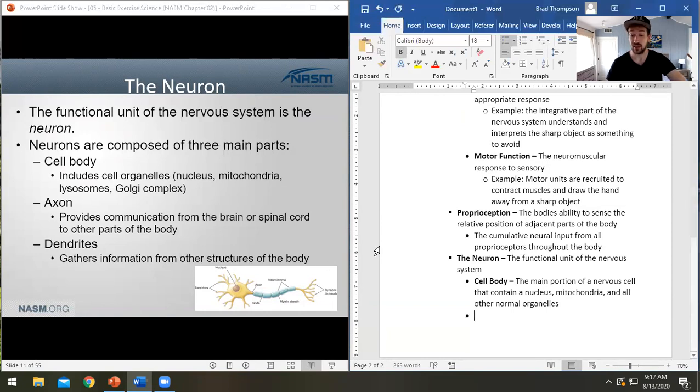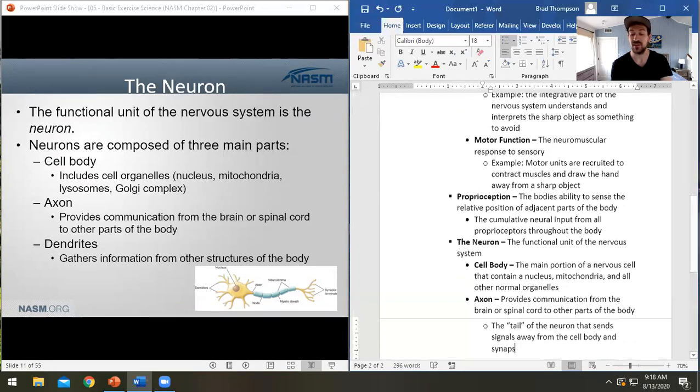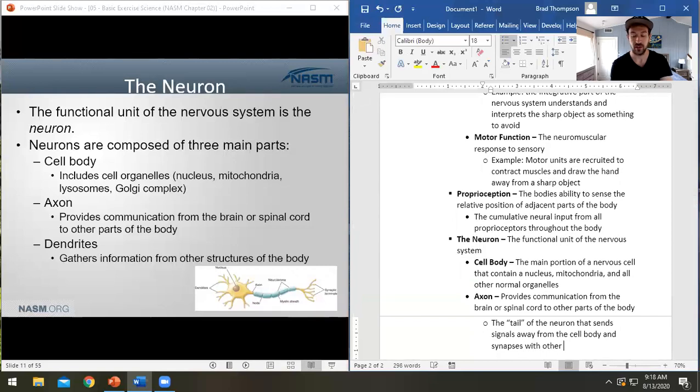But the two things that make it unique is that it has an axon, which is the tail, and that provides communication from the brain or spinal cord to other parts of the body. So the tail of the neuron sends signals away from the cell body and synapses with other tissues.